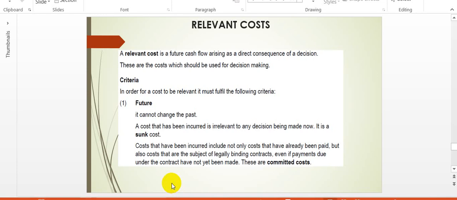So even if no payment has been made, because they are binding, you've already committed yourselves, so committed costs are also irrelevant. They are not relevant, even though there will be cash flows which will happen in the future.